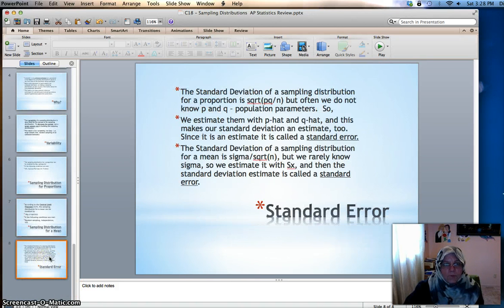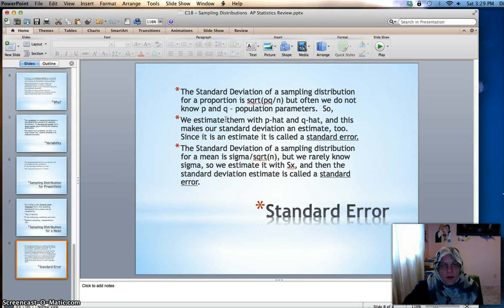All right. Some of you are confused about terminology relating to all these different terms, standard deviation, standard error. What is the difference? Okay, well, the standard deviation of a sampling distribution for a proportion is the square root of PQ over N, but we usually don't know P and Q. They're population parameters, right? It's the proportion of successes in the population and the proportion of failures in the population.